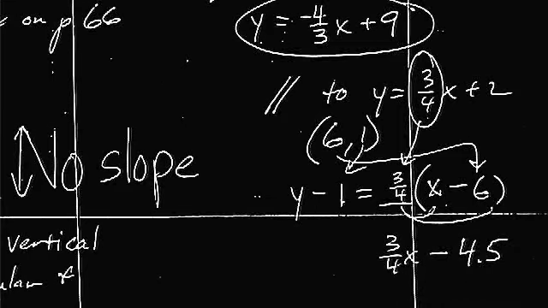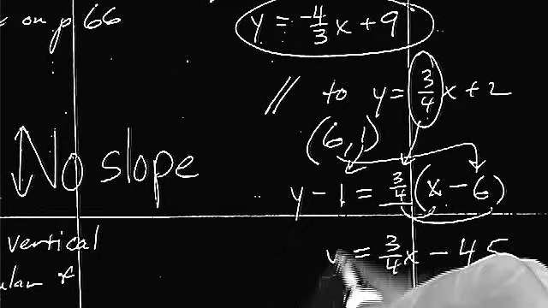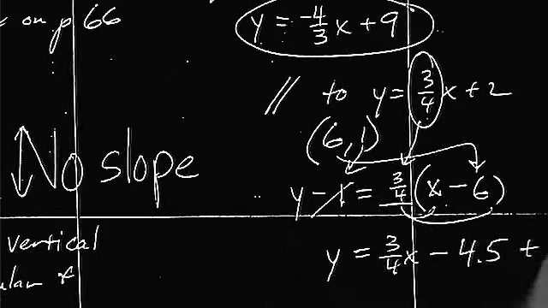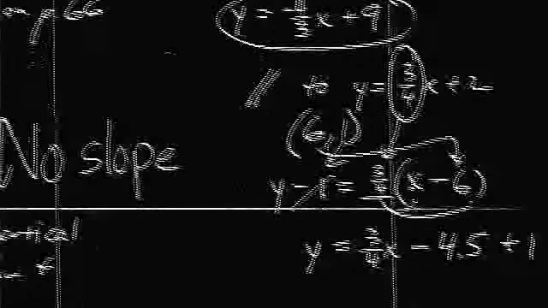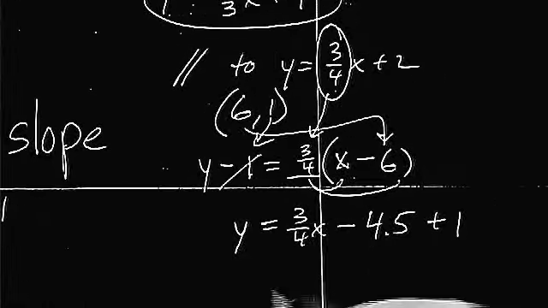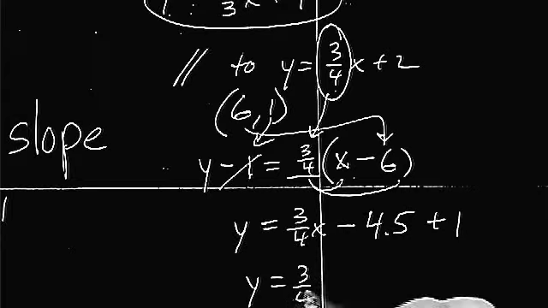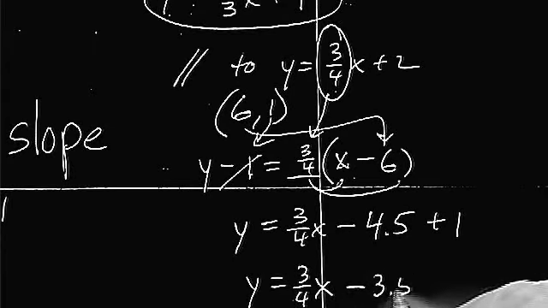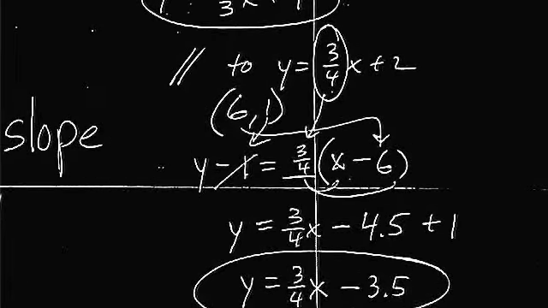I'll change it to a decimal just because I don't feel like messing with it at the moment. Of course, to get rid of this part, we're going to add 1 to the other side. So we have y equals 3/4 x minus, when we add those together, we get 3.5. Okay. See you in class.